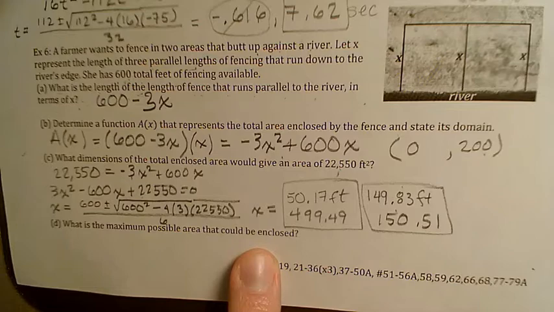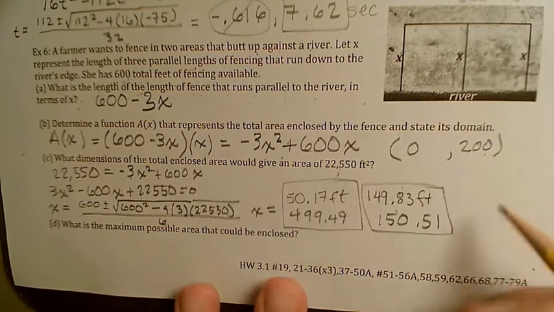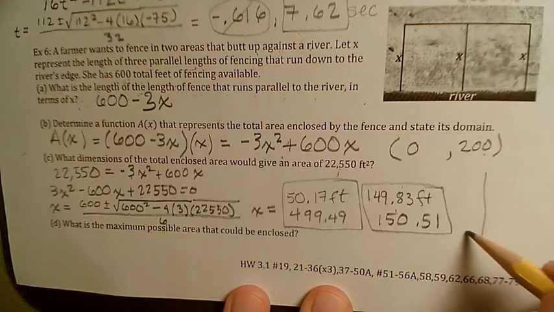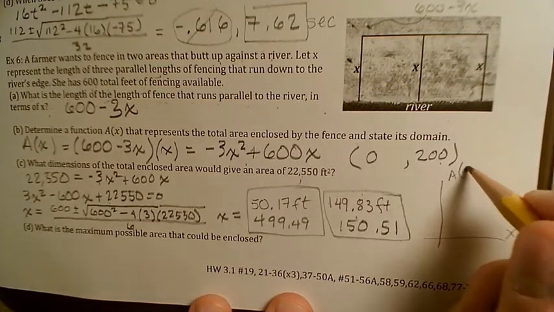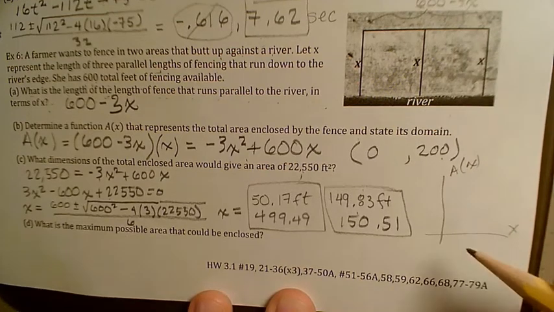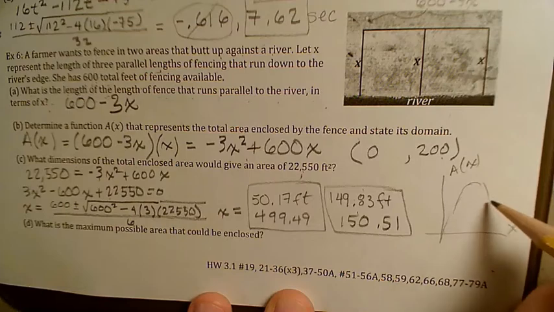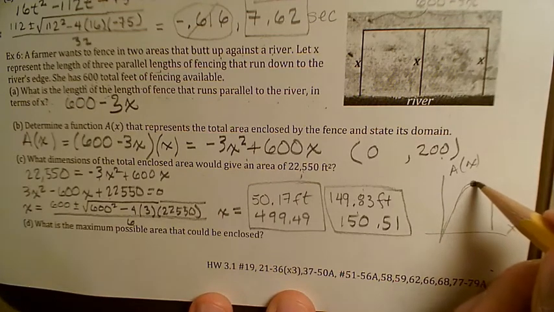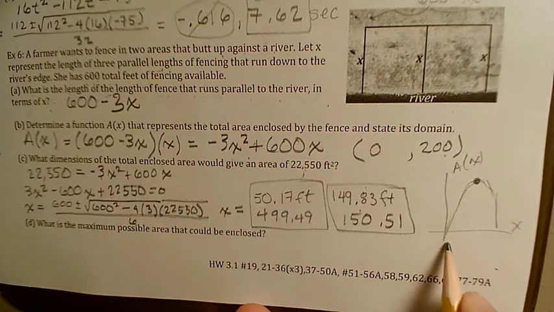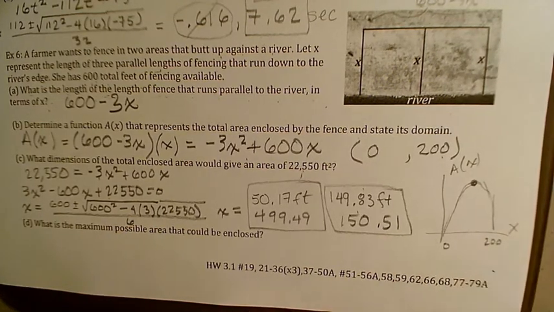So if we think about plotting our x value against the area, like a parabola, where this is x and this is A of x, this is a quadratic, and again it has a negative leading coefficient, so we are going to have a maximum area at a certain value. Now we know we're between 0 and 200. We know that's the domain.